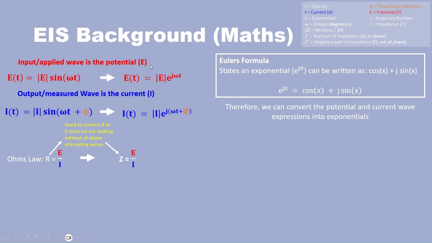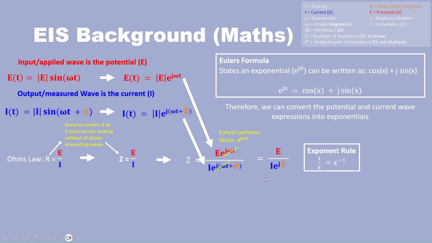So if we plug our converted Euler's form of the equations in here, we arrive at something like this. From that, we can cancel out the common denominator, which is e to the power of the imaginary number times omega t, the same on top here, but don't forget we still have phi out the front, so this will still remain, and we get something that looks like this.